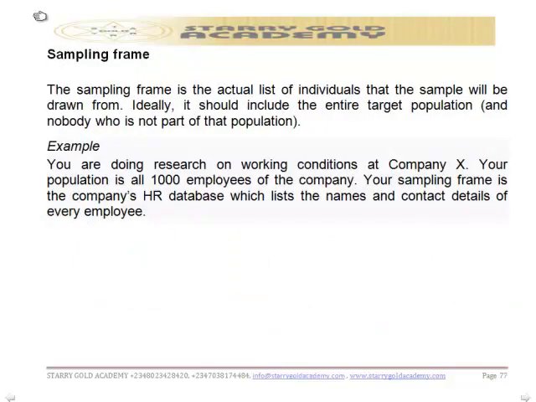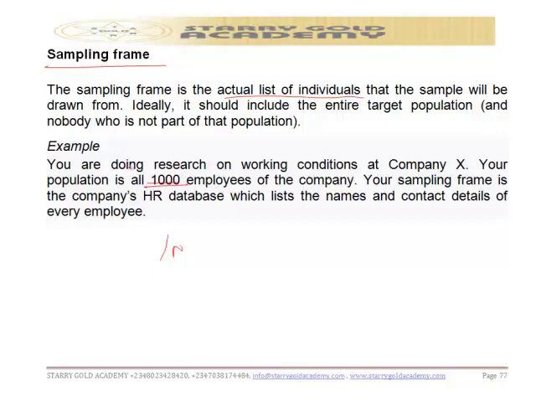Now, what is sample frame or sampling frame? Sampling frame is the actual list of individuals that the sample will be drawn from. That is sample frame. It is the actual list, if it is 100 or if it is 1000. Understand?